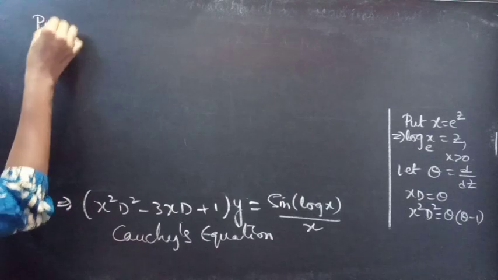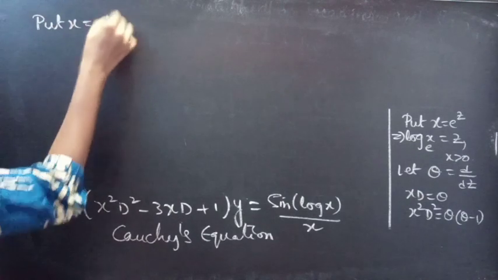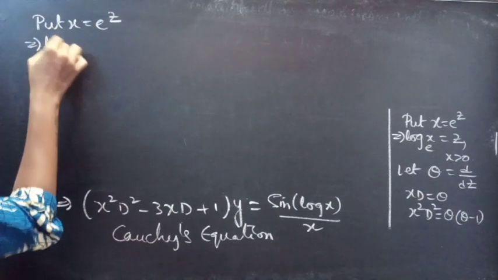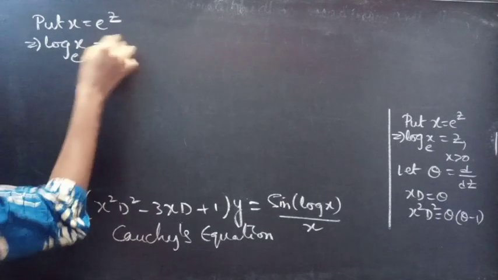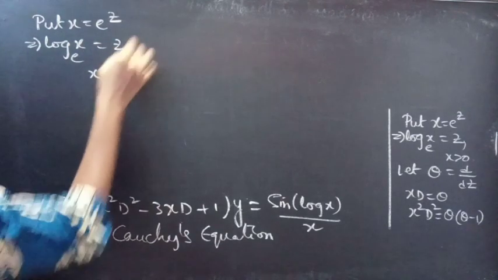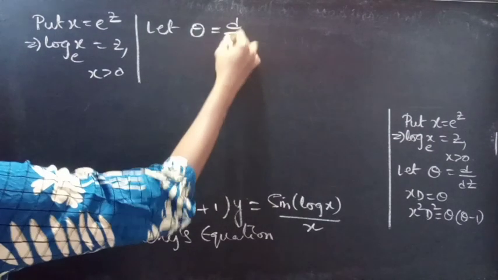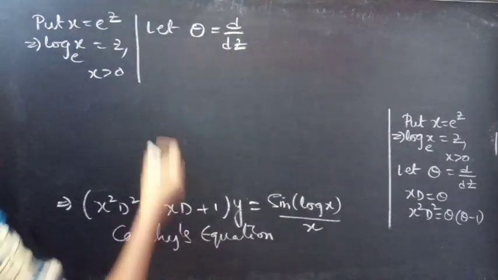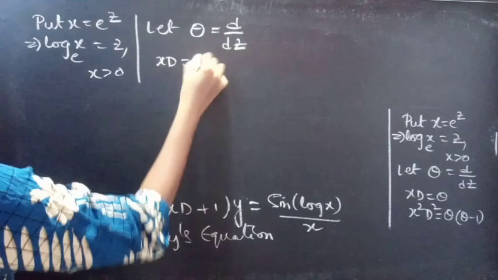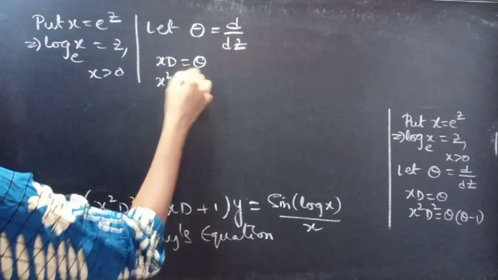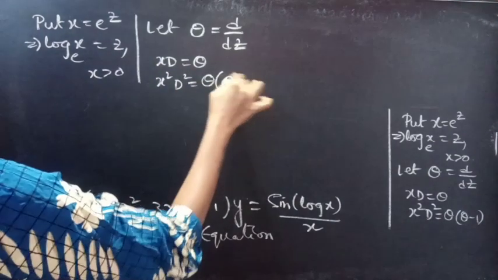Put x equals to e power z, then log x to the base e equals to z for x greater than 0. Let theta be a differential operator with independent variable z, and xD equals to theta, x square D square equals to theta of theta minus 1.